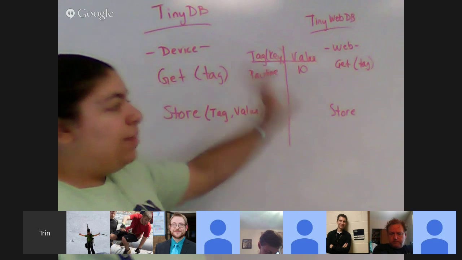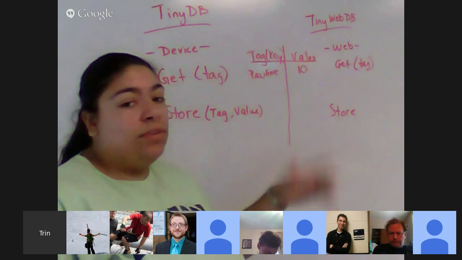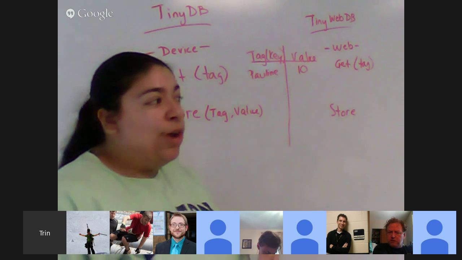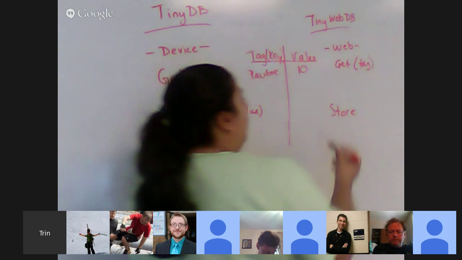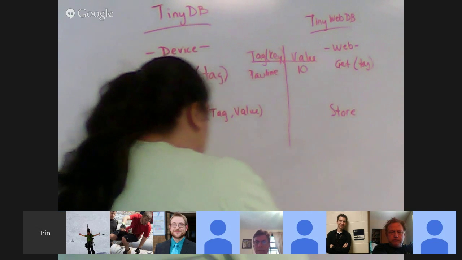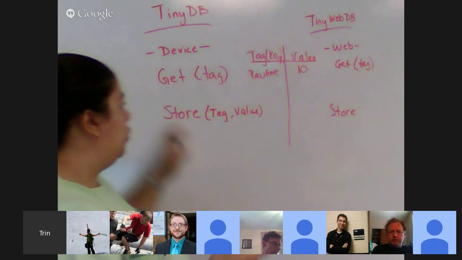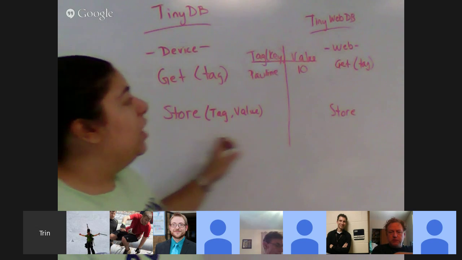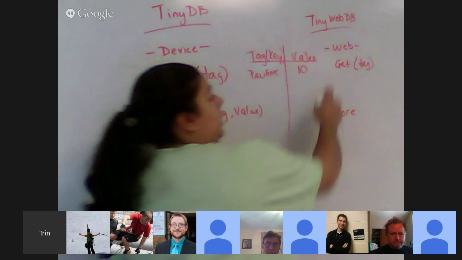So that's my request. Just because I request that value does not mean I will get it back or I will get the right value that I wanted. So because of that request, you have another block. So you'll see there were two blocks for TinyDB. There's going to be four for TinyWebDB. So this is get.